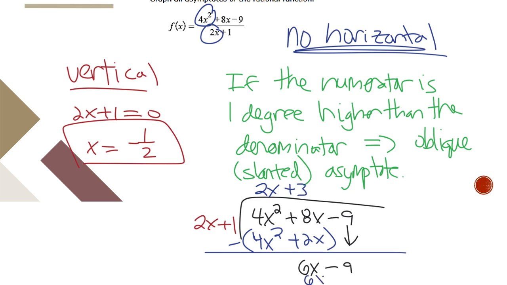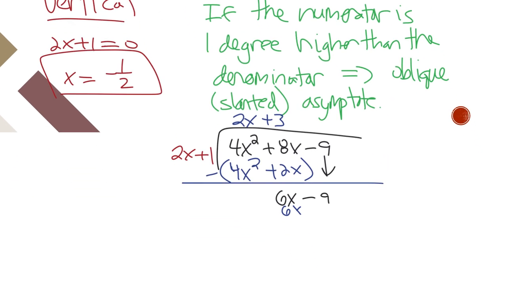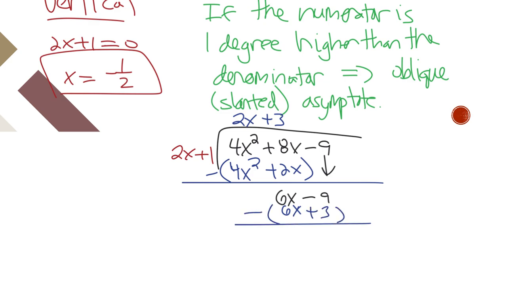So this becomes 6x. Let me move this up a little bit so I can actually write. Then 3 times that is positive 3, and we subtract that, and this becomes a negative 12. Now this remainder doesn't really matter, because as we approach our end behavior, a slanted asymptote is going to go this way and this way, or this way and this way, and we're going to look at the ends of where it goes, because we'll be talking about the end behavior.